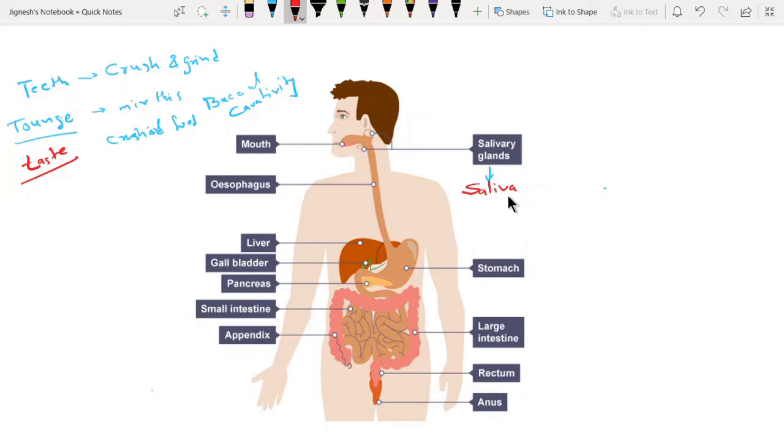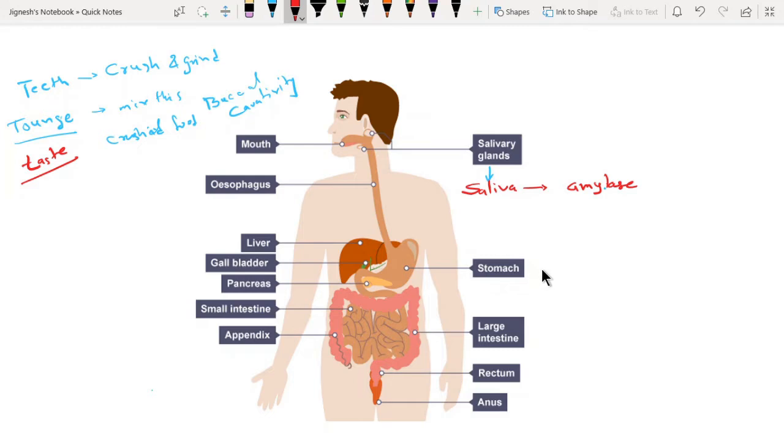The saliva contains one enzyme called amylase. Now this amylase enzyme is very interesting.